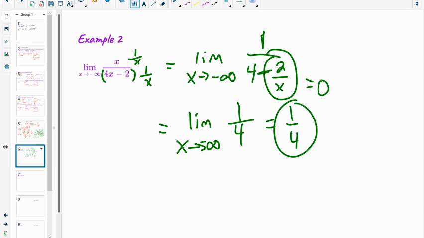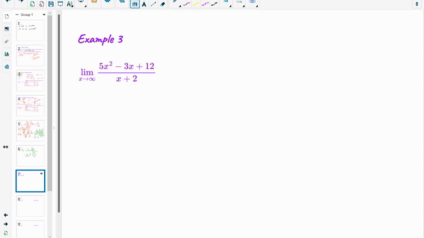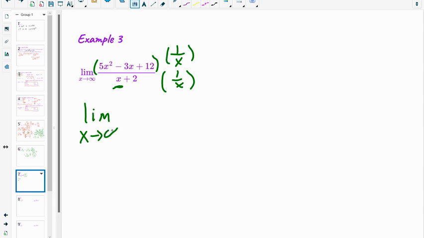Okay, great. Let's try another example. This time, once again, our largest exponent in the denominator is 1. So 1 over x. Multiply this whole thing by 1 over x. So we have the limit as x approaches infinity of 5x squared over x.